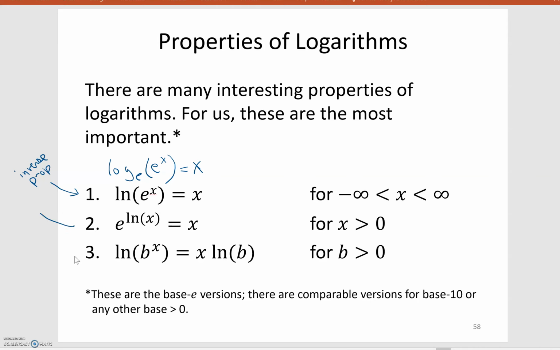Now, number two is also an inverse property, but it's just the other order, or in the other direction. So if this is like f composed with g, then this is like g composed with f. It's e raised to the ln of x equals x. So those are both inverse properties. This last one doesn't have a specific name, but I'm going to call this the power to product.